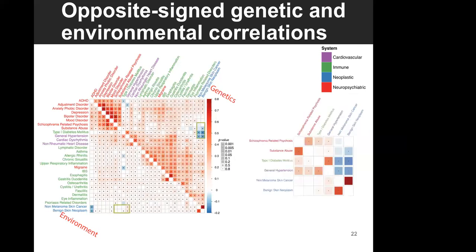And the reverse of that is with schizophrenia, substance abuse, type 1 diabetes, hypertension versus the two skin cancers. In this case, the genetic correlation is negative, while the environmental correlation tends to be positive or non-significant.